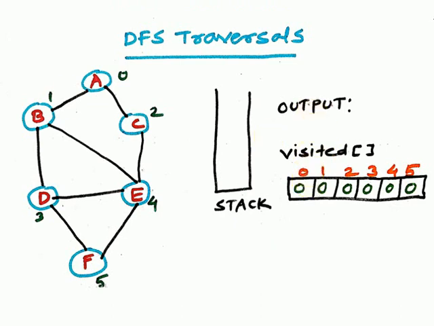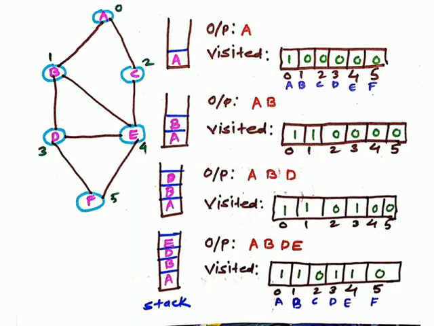The stack is basically for considering the node and performing backtracking. Visited is to keep track of whether the vertex we are going to consider was visited in the past or not, so we are going to consider it now. And output is basically to display the traversal. Then we saw how we visited all those vertices one by one by considering the content of the stack and its visited status.